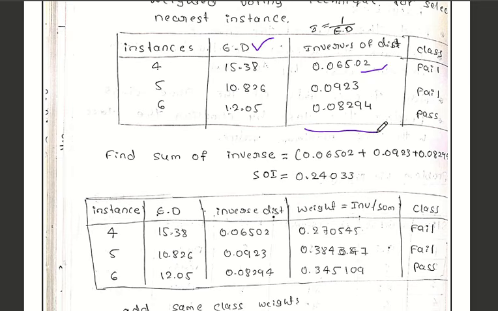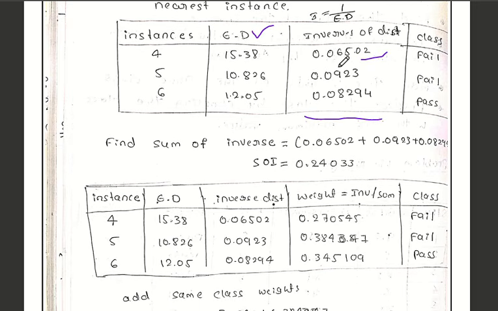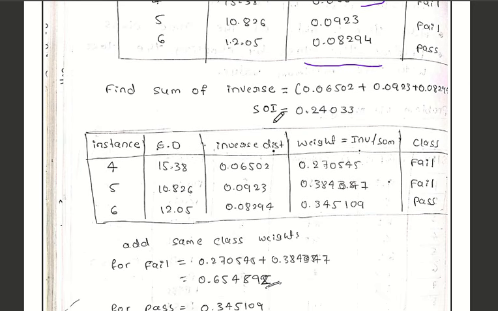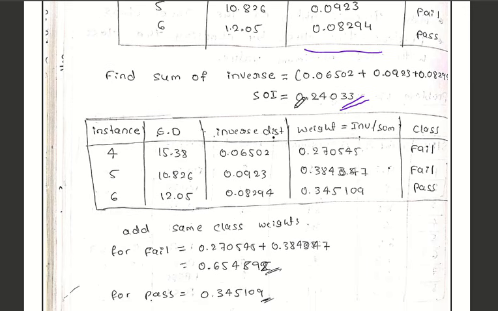Once you have got all the inverse values of distance, you have to do the sum of the inverse of distance. So find the sum of the inverses and you will get a sum value. After you get the sum value, you need to divide each inverse by the sum, that is called the weight. So you need to find the weight.